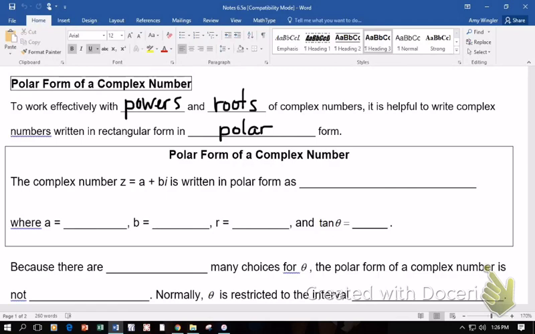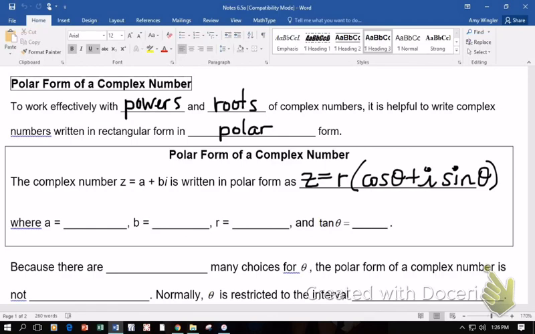We know that a complex number, z equals a plus bi, is written in polar form as z equals r times the cosine of theta plus i times the sine of theta. This formula will be given to you, so you don't have to memorize it.